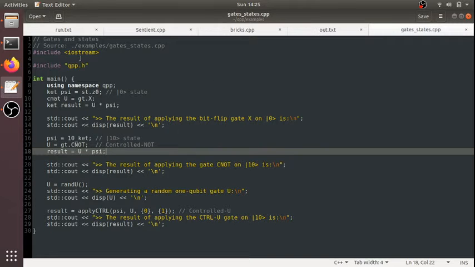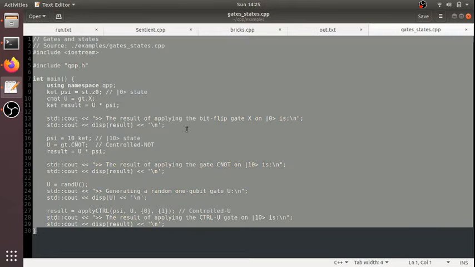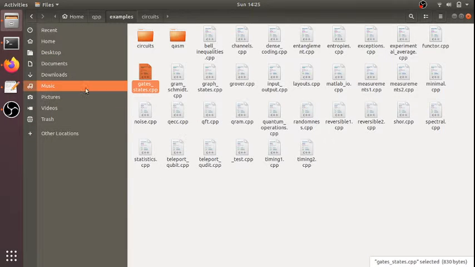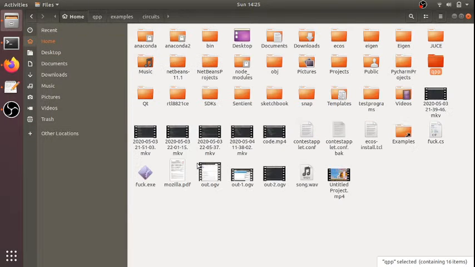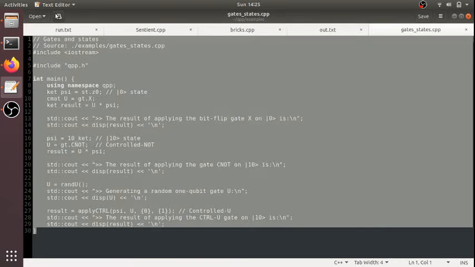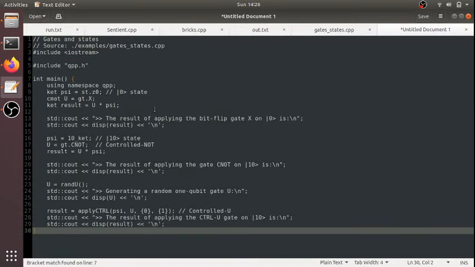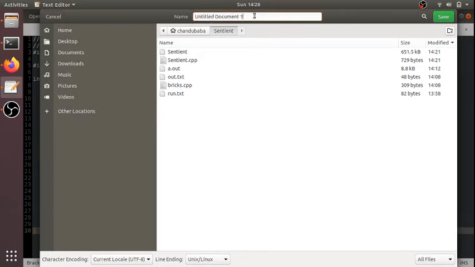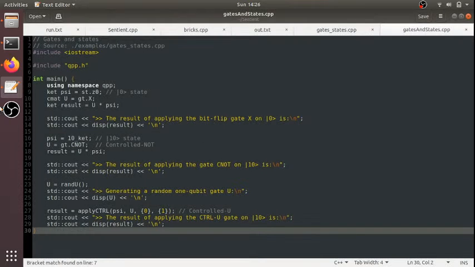I want to see the output of this code. Control A, Control C, and home, and sentient, and space. Control S. Display gates and states. Gates and states.cpp.